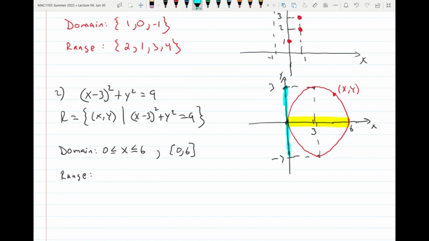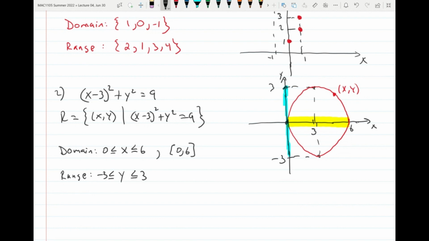So pick a number between -3 and 3. There will be 2 points on the circle corresponding to that number. And also any point on the circle has y between -3 and 3, right? Below -3, there is nothing to look at. Above 3, there is nothing to look at. So that's what we get. All right, so the range is y between -3 and 3.